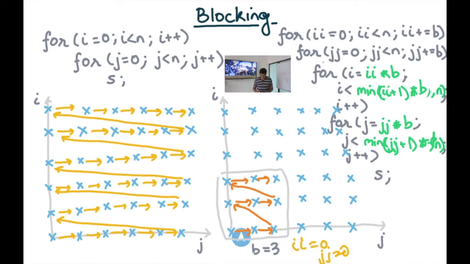Now, if I look at the execution order, these orange edges represent the new execution order. So I first execute 0, 0, then 0, 1, then 0, 2, then 1, 0, 1, 1, 1, 2, and so on.